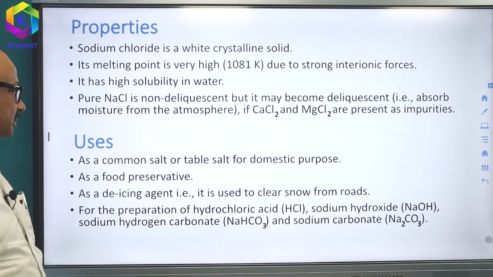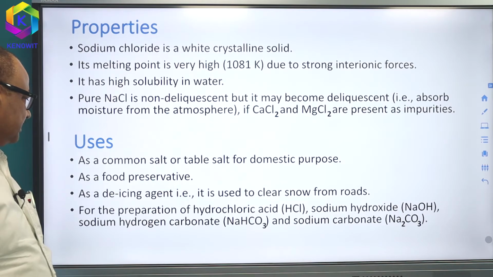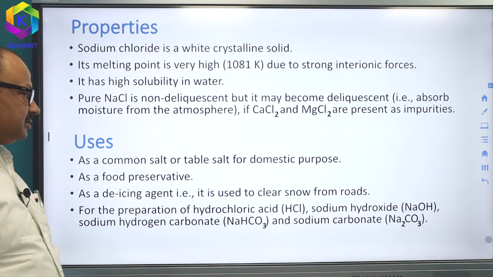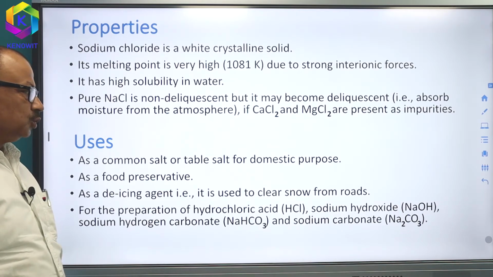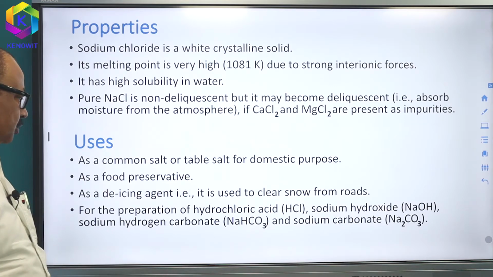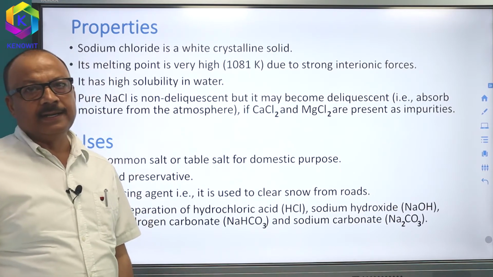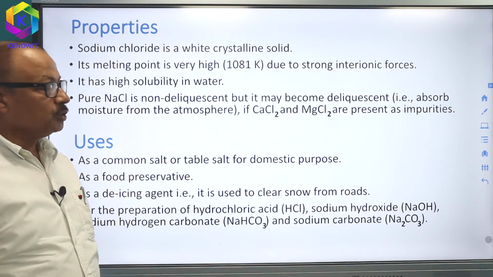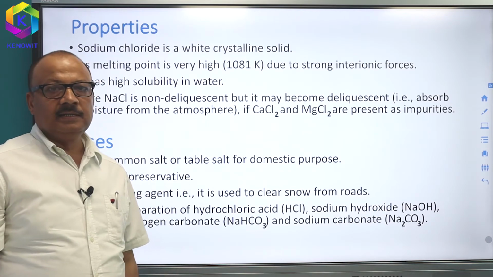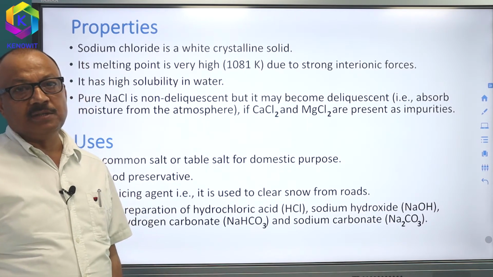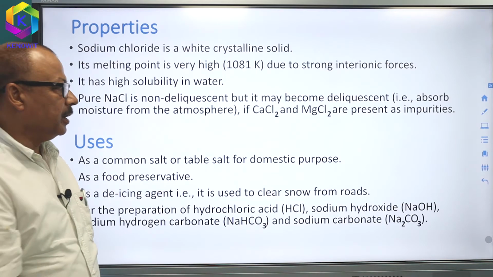Uses: as common salt, food preservative, de-icing agent. It is used to clean snow from roads, and for the preparation of hydrochloric acid, sodium hydroxide, sodium hydrogen carbonate and sodium carbonate. So, sodium chloride is basically used as a starting material for a large number of compounds.